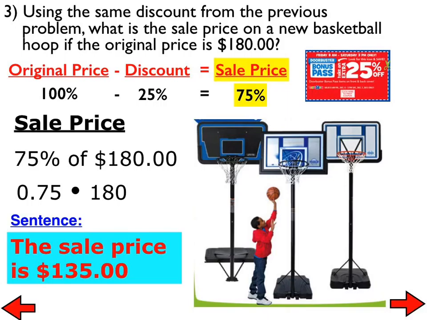The proportion way would be taking that 75% that you're paying and writing it as a fraction. And then you're finding the new price, after, over, before. And then solve for x. You still get, oops, this is 180. You still get 135. Okay?